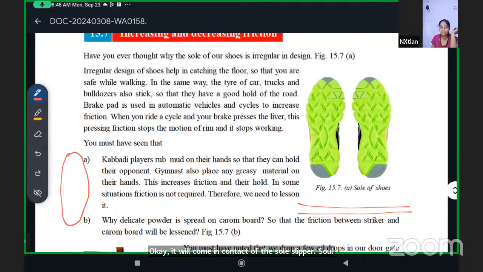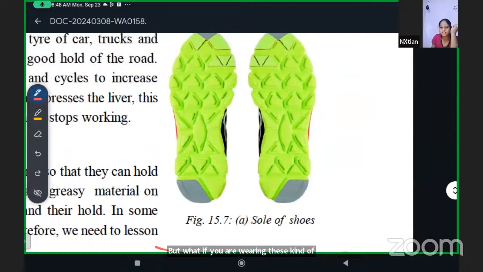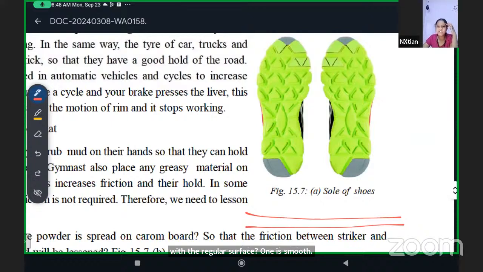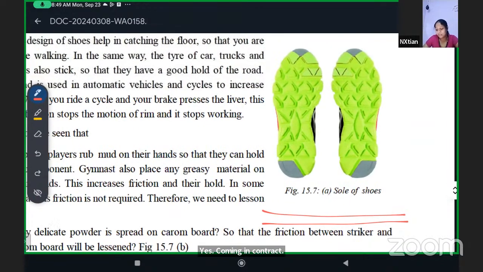But what if you are wearing these kind of shoes with an irregular surface? While walking on smooth tiles or smooth marble, you will not slip, because when an irregular surface is coming in contact with a regular or smooth surface, that time you won't slip. All right.